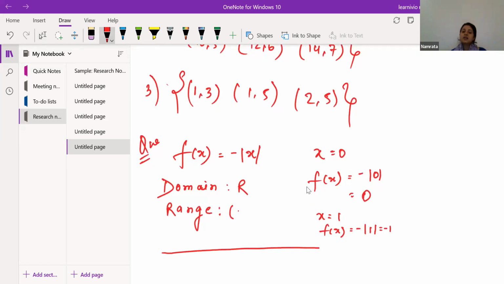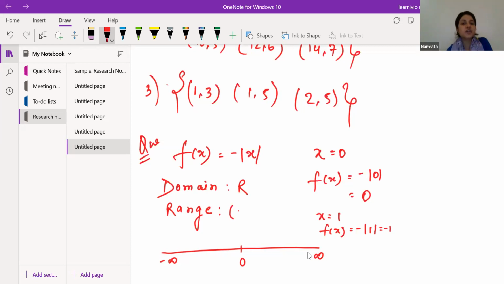Real numbers consist of all the numbers from negative infinity to positive infinity, and everything in between is a real number. So whatever you take as a value of x, you will always end up getting a negative number, or if you take 0 as a value of x, you will get 0 only, because minus 0 doesn't make sense; we don't write minus 0.